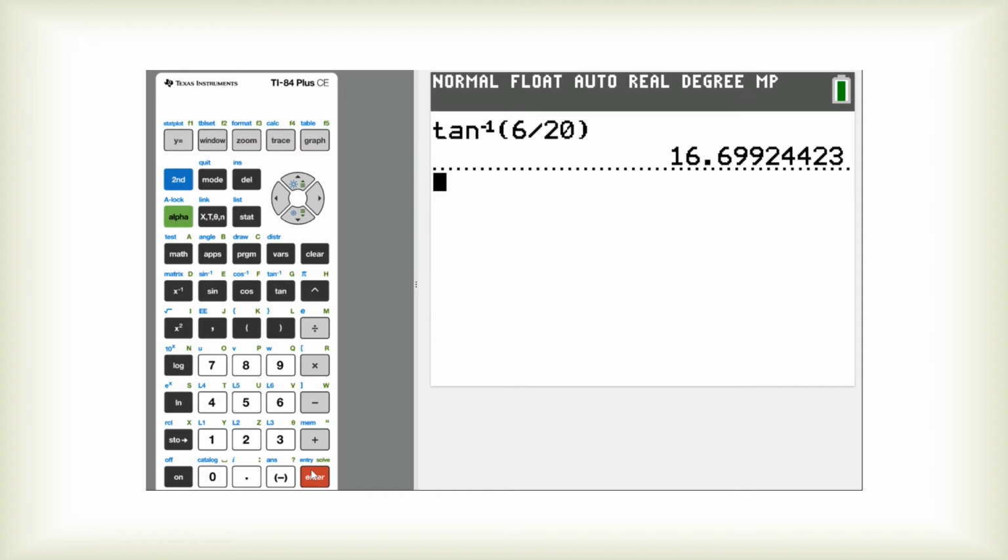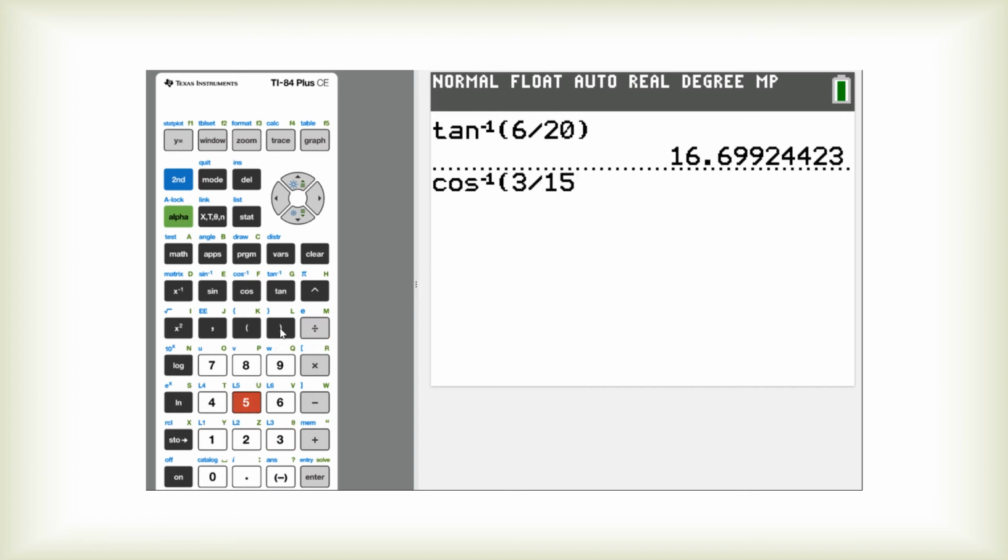Now the second one we had was the inverse cosine of 3 over 15. So again, I'm going to hit second. This time I'm going to hit cosine because I knew the adjacent and the hypotenuse, so CAH. Second cosine brings up the inverse cosine, and this then is 3 over 15.